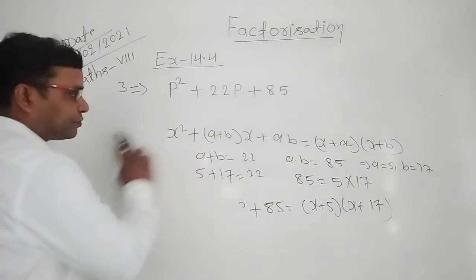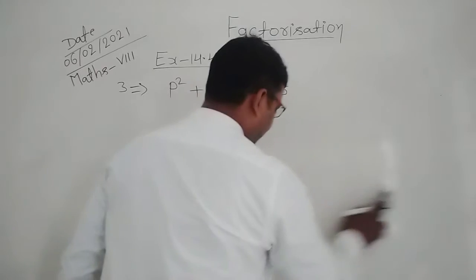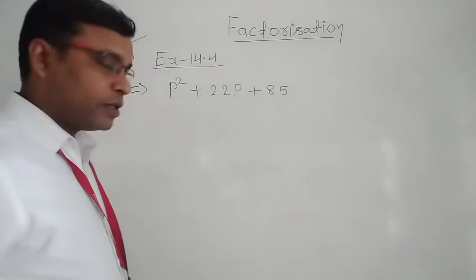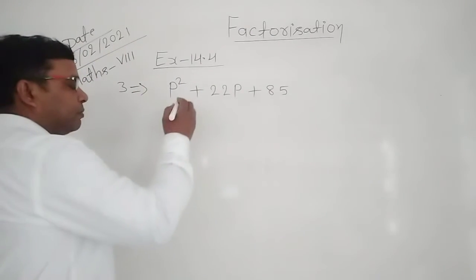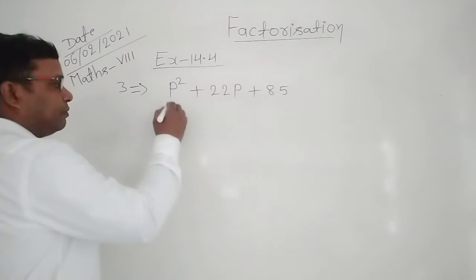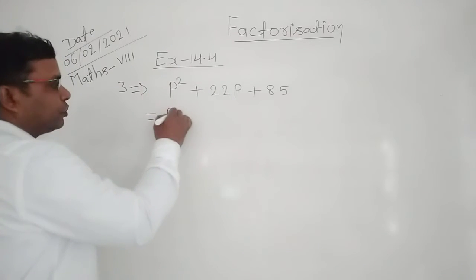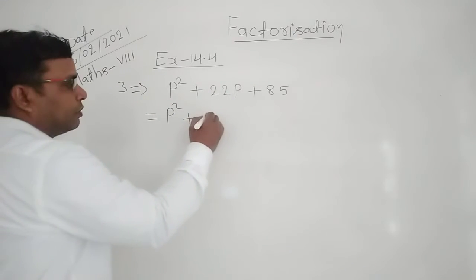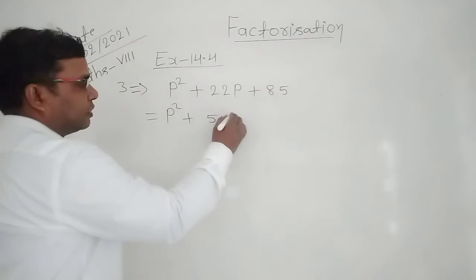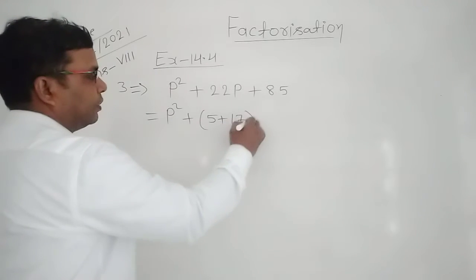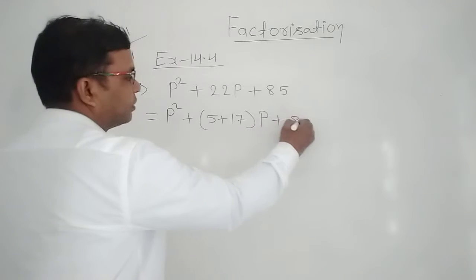So I hope all of you understood this part, and you can also solve this question like this. You replace 22 as 17 plus 5. So you can see here p square plus (5 plus 17) into p plus 85.